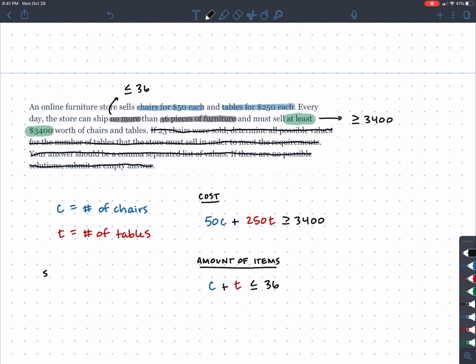Now my system is 50C plus 250T is greater than or equal to 3,400, and C plus T is less than or equal to 36.